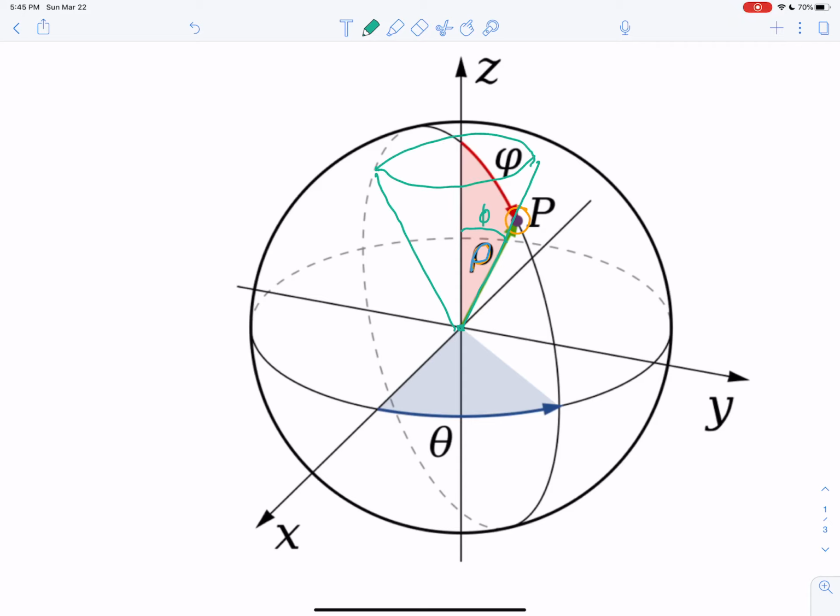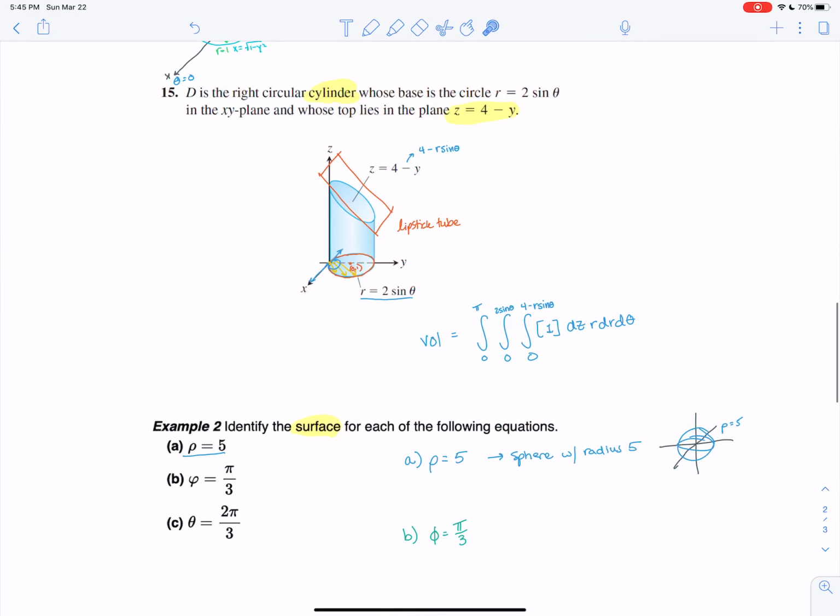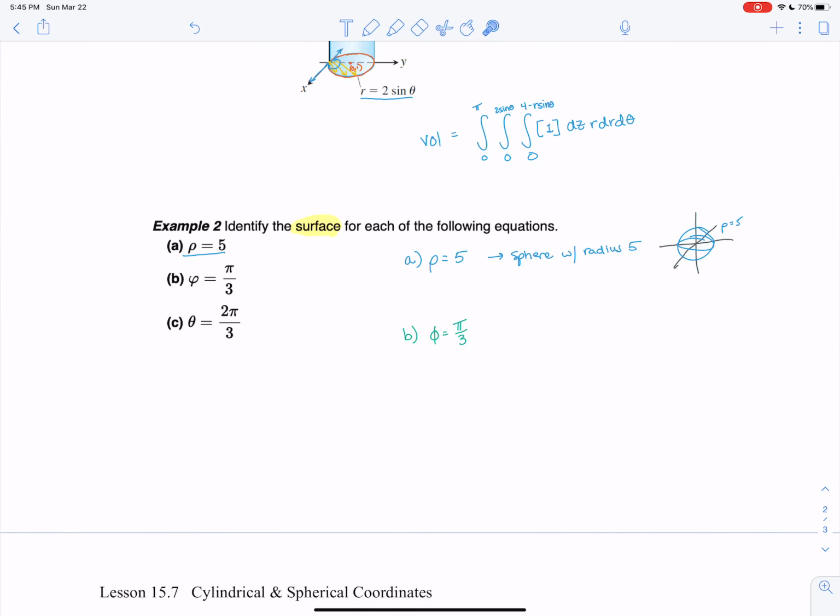This could extend out infinitely wide, and that's going to create a cone. That was one of the things we said spherical coordinates were good for describing, cones. If you let phi be constant, it is a cone with that angle.